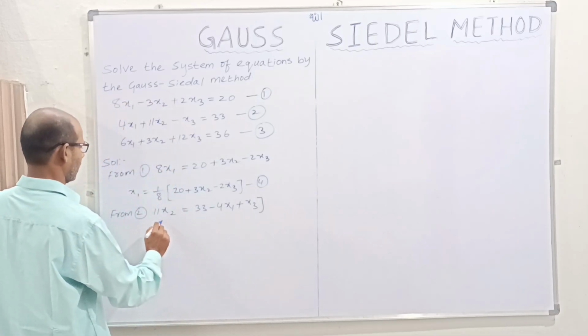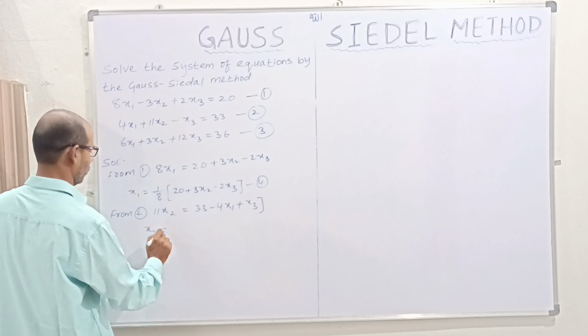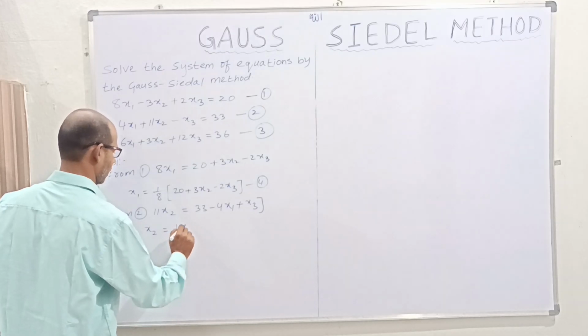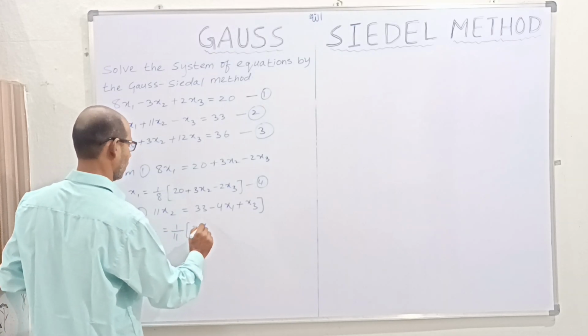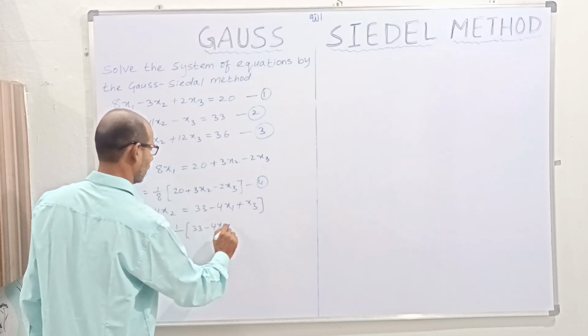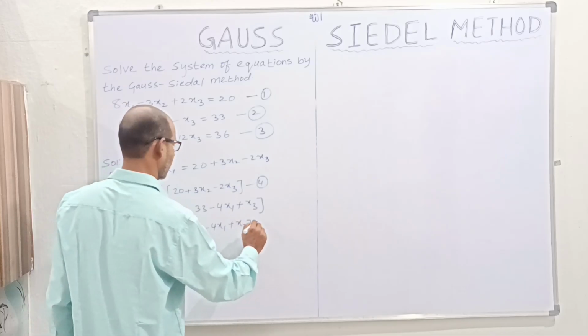So this implies x2 is equal to, we have to divide by 11, so 1 by 11 into (33 minus 4x1 plus x3). So this is number 5.